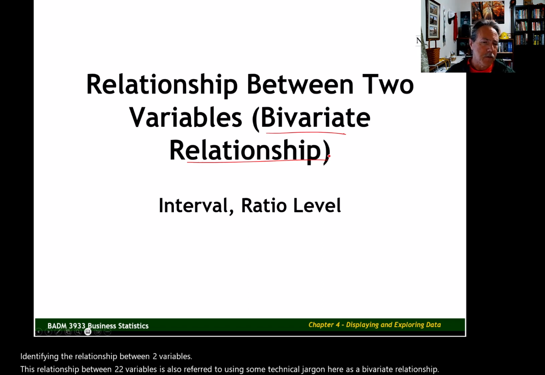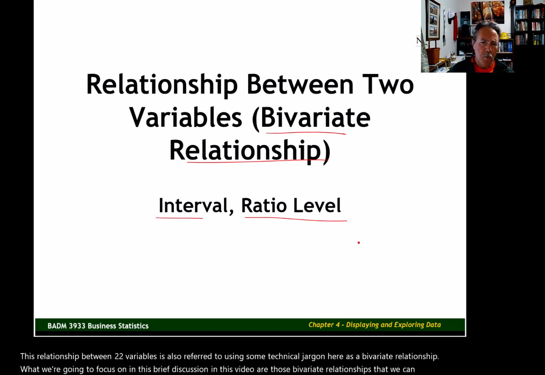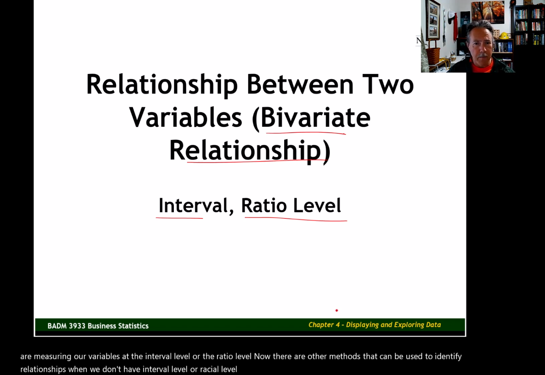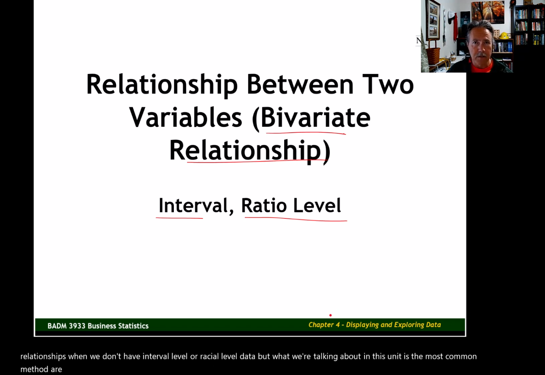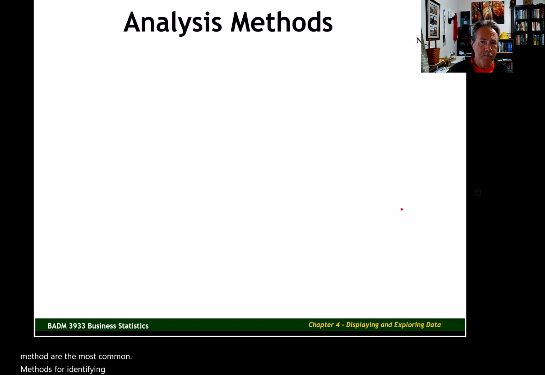What we're going to focus on in this brief discussion are those bivariate relationships that we can identify when we are measuring our variables at the interval level or the ratio level. Now, there are other methods that can be used to identify relationships when we don't have interval or ratio level data, but what we're talking about in this unit are the most common methods for identifying bivariate relationships.